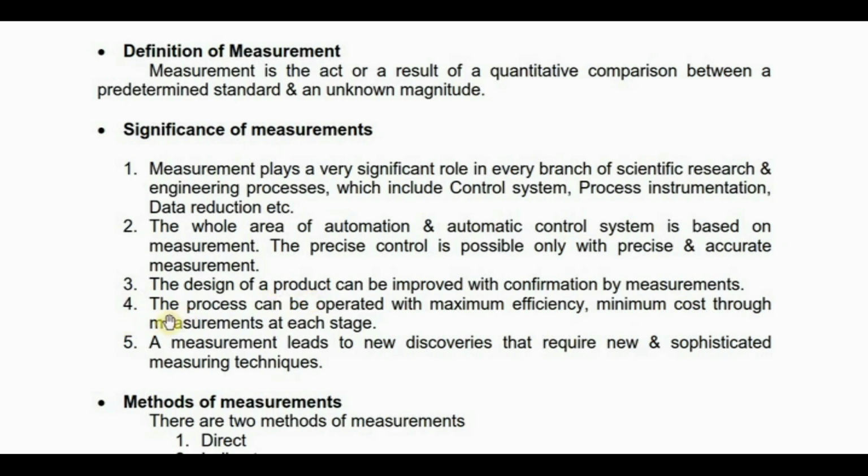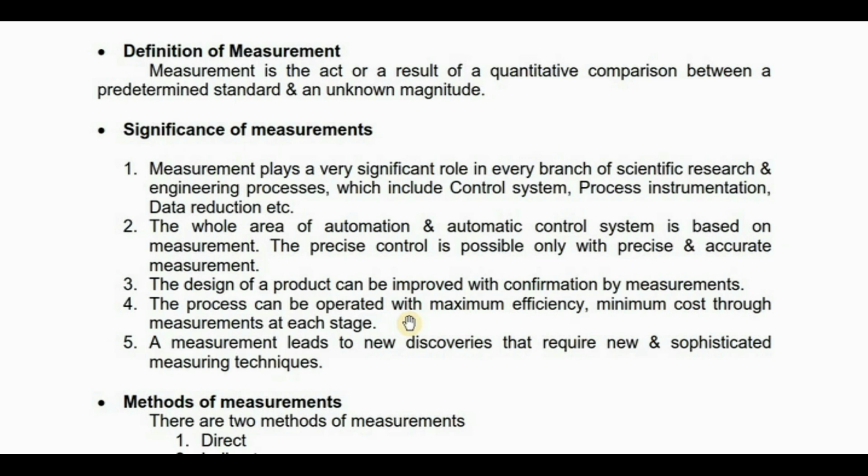Next, the fourth point said is that the process can be operated with maximum efficiency and minimum cost through measurements at each stage. Suppose you have a particular process that requires various different stages.